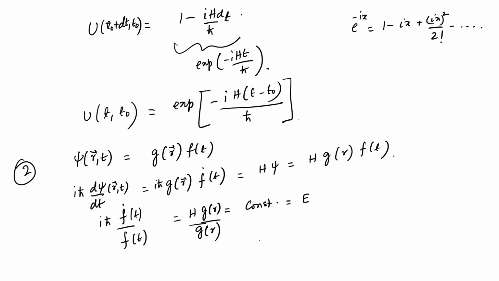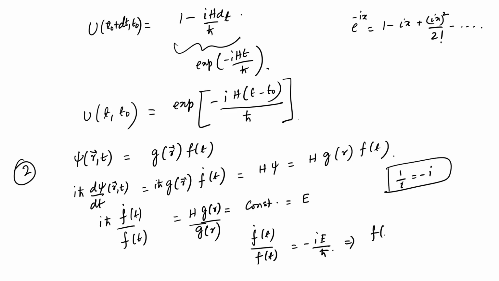And so, f dot of t divided by f of t is equal to minus i E by h cross, because 1 over i is equal to minus i. Okay. So, that tells you that f of t is nothing but a constant times e to the power minus i E t by h cross.